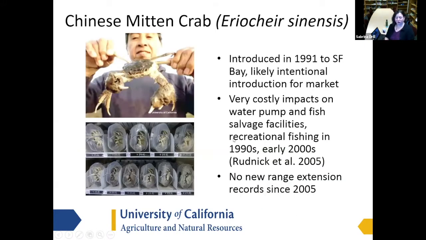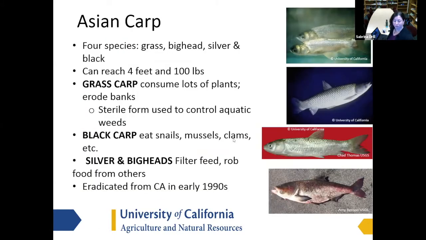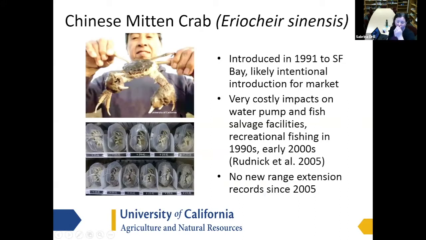Another example here, likely introduced as food, not as bait, but as something people really just wanted to eat and wanted to have locally with them, the Chinese mitten crab. This is our only freshwater crab that you can find in California. We don't have any native freshwater crabs. It really has had a lot of costly impacts on water purveyance infrastructure.